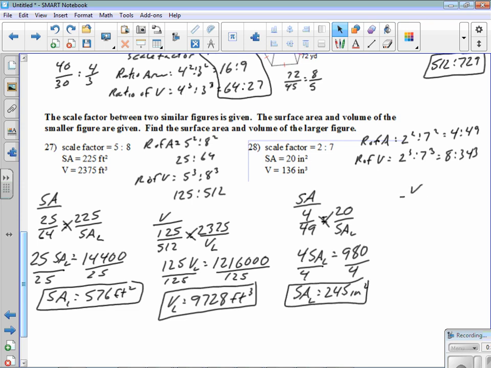And then for the volume, ratio of the volume, 8 over 343. It's going to equal the volume of the small one, 136, over volume of the large one. Cross multiply. 8 times the volume of the large one, 136 times 343, which is 46,648, divided by 8.